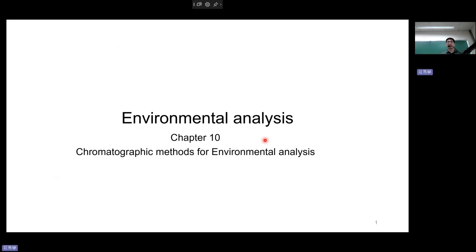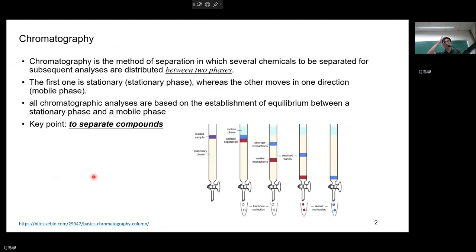So in chapter 10, we'll be focusing on chromatography. So, what is chromatography? In previous lectures, I talked about GC a lot. I talked about HPLC a lot.